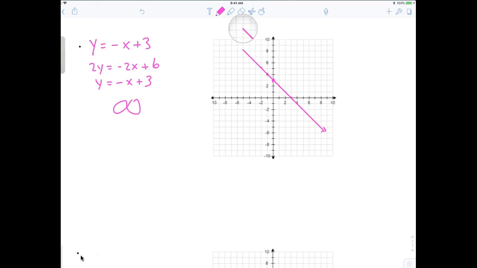Now, what I tried to do is I chose the highlight so I could see. And all you're doing is basically graphing the same line right over top. That shows that there are an infinite number of solutions. Infinite number of points of intersection. Is everybody happy with that?